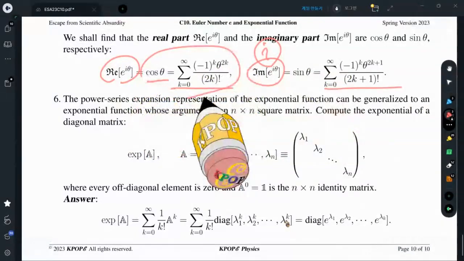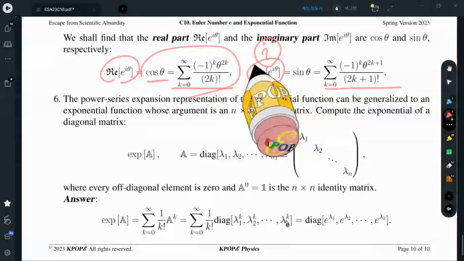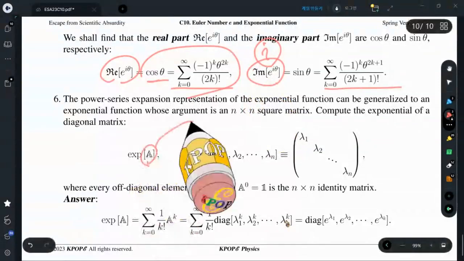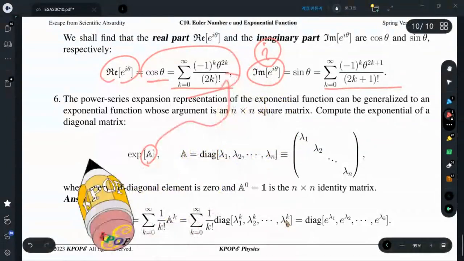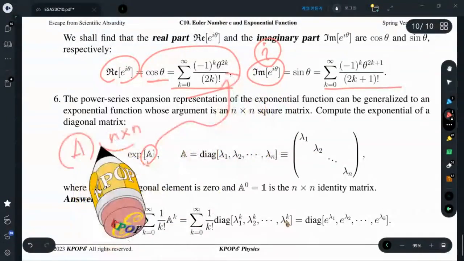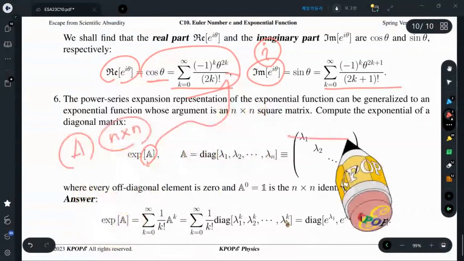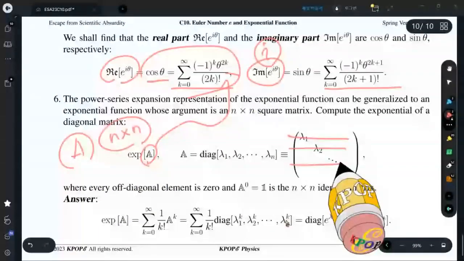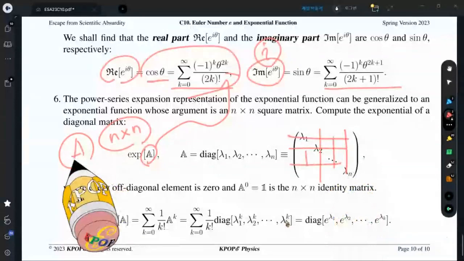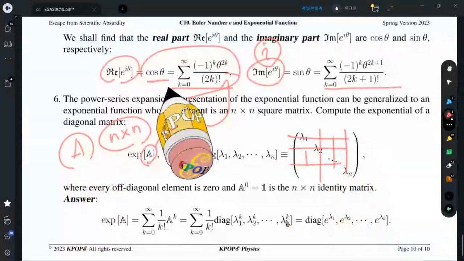In our case, we frequently rotate something, make a transformation using a matrix. Why don't we substitute this? As long as A is an n by n square matrix, where the number of rows and columns are the same, I can always substitute it into this formula.